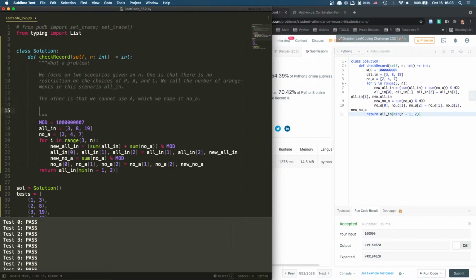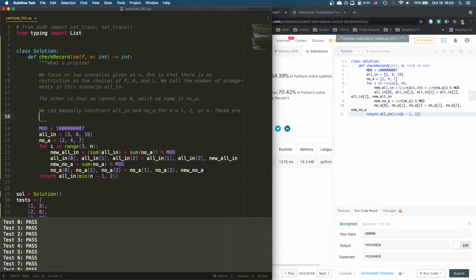All right, so we can manually construct all in and no A for n equals 1, 2, or 3. These are the base cases and quite straightforward.